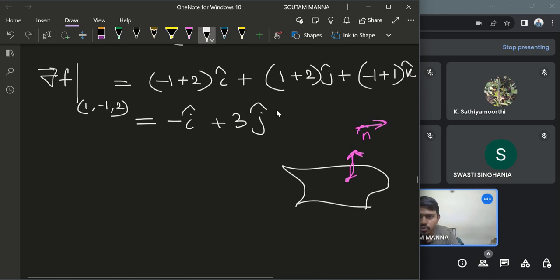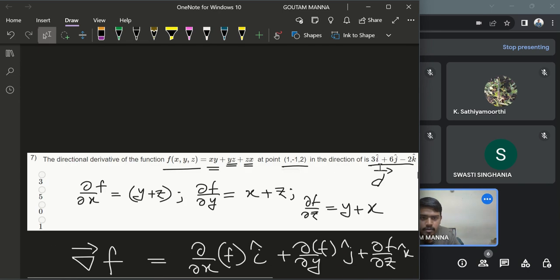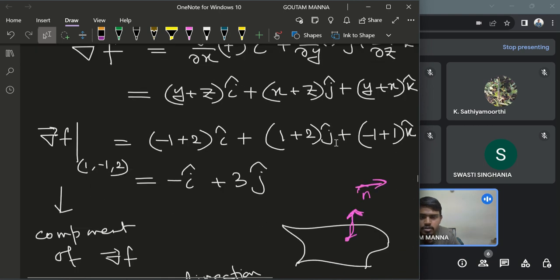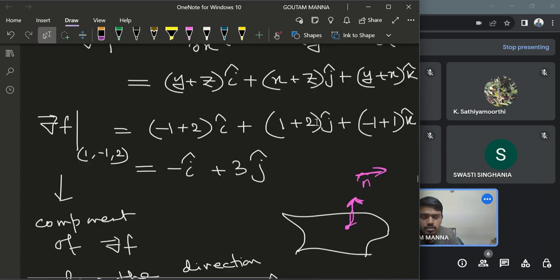So basically we have to calculate the component of this vector along the direction of d, which is 3 I cap plus 6 j cap minus 2 k cap.